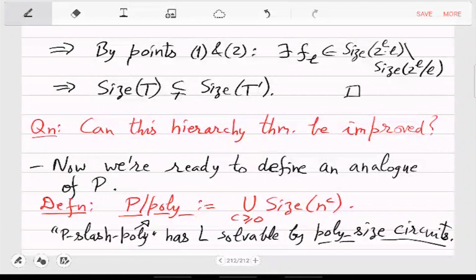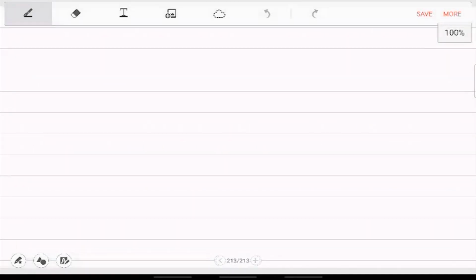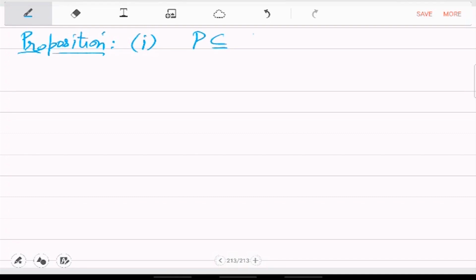So these are decision problems that have poly-size circuits, and so we get these properties just by definition. That P is contained in P/poly. This needs some implementation, but at this level you can do it as an exercise.